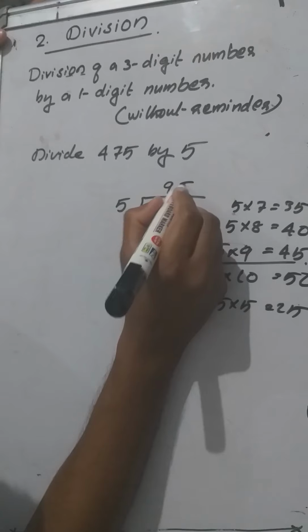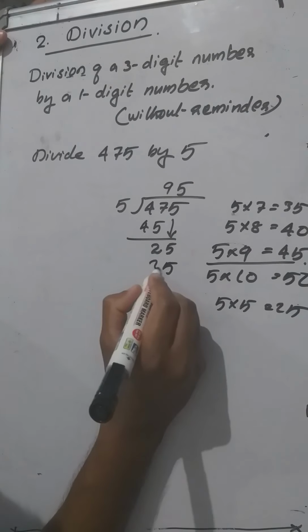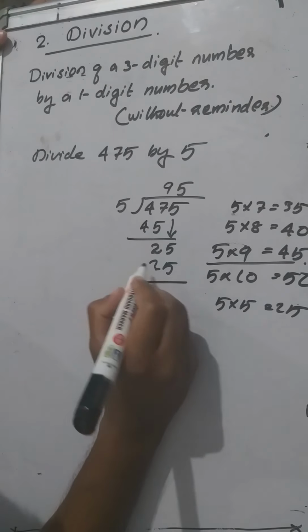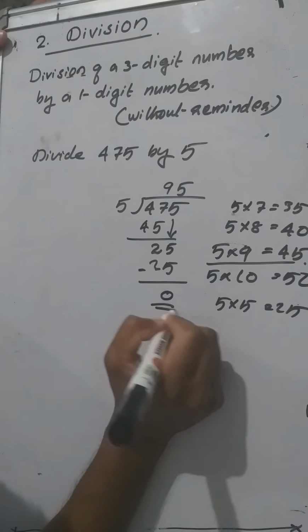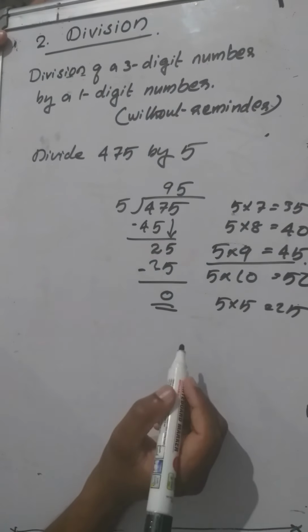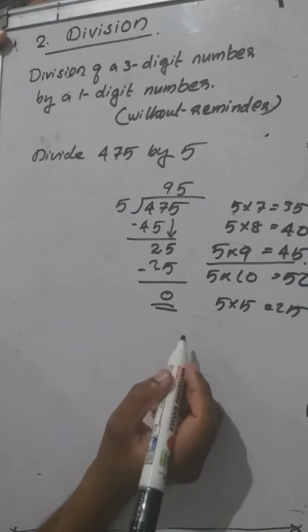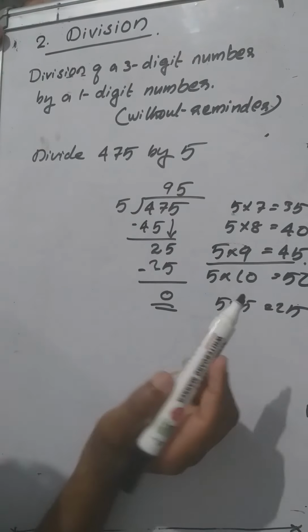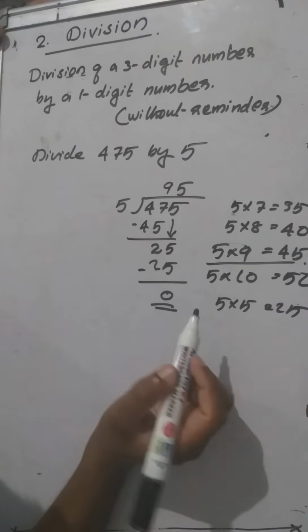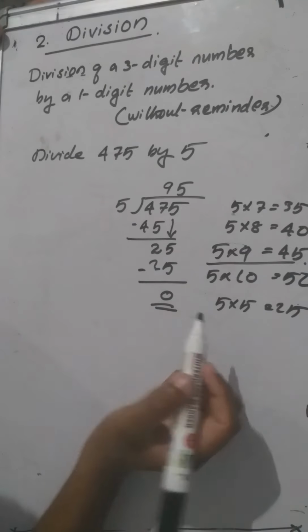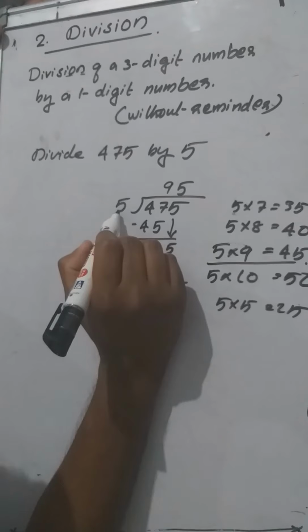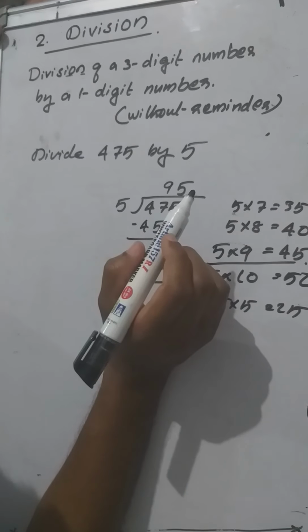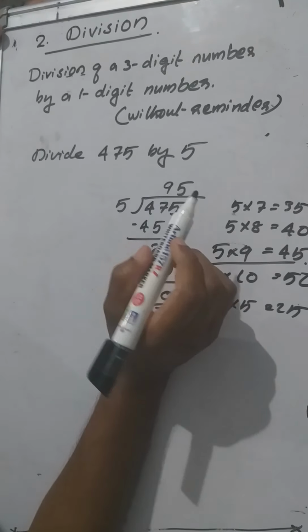So right here 5 5s are 25. And now we subtract 25 minus 25, 0. So here we can say that 475 is divisible by 5 because we got the remainder 0. And here the quotient is 95, divisor 5, and the dividend is 475.